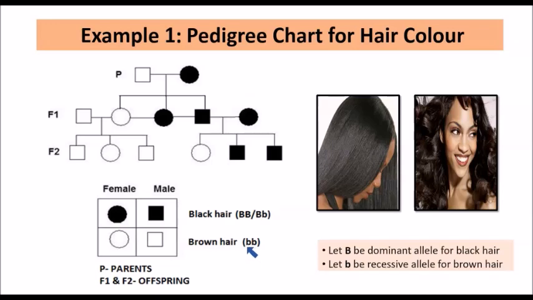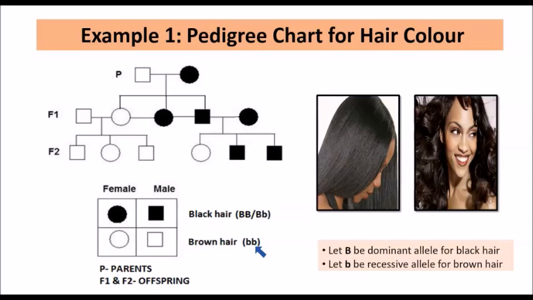The only way you can have brown hair is if you inherit both recessive alleles, one recessive allele from the father, one recessive allele from the mother. So all brown hair individuals would be two little Bs, homozygous recessive.